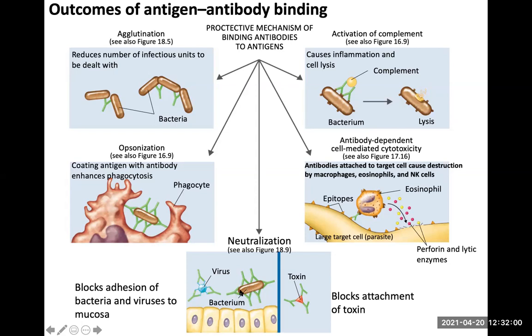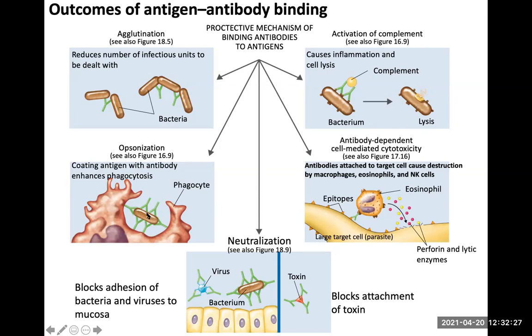This would mostly be like intracellular bacteria where you would see something like this. And then toxins as well, you want to have those all bound so that they cannot cause any outcome. Okay, so neutralization is making things inert, and yes, eventually phagocytosis will occur.